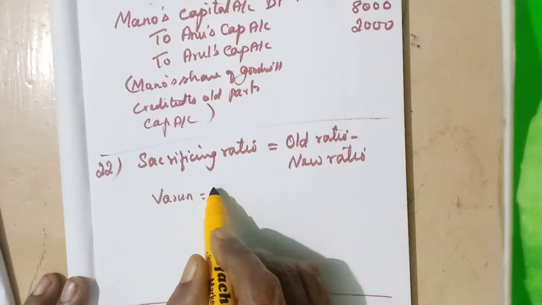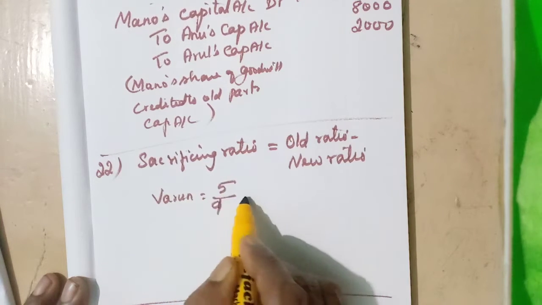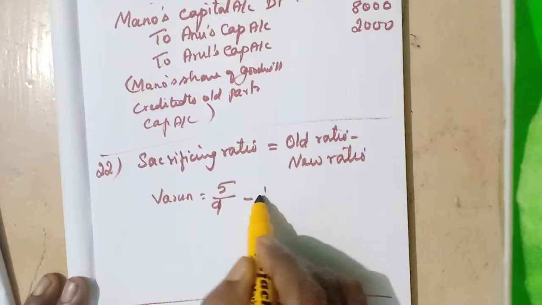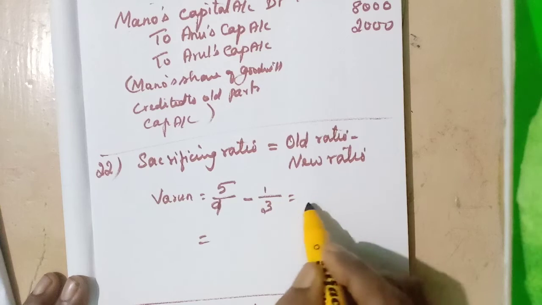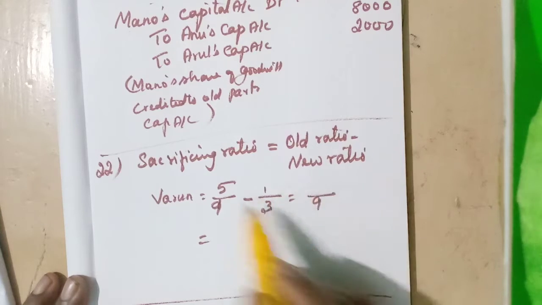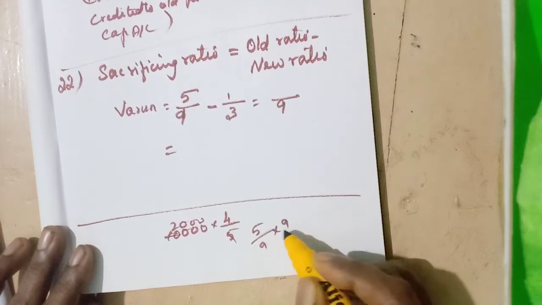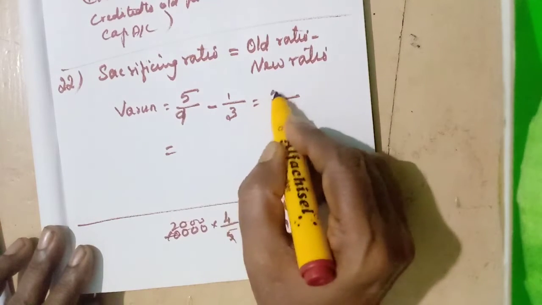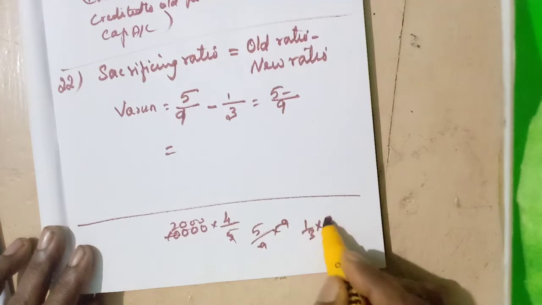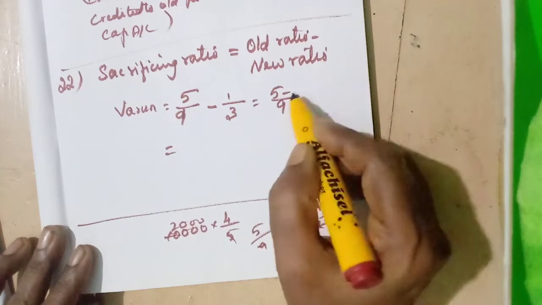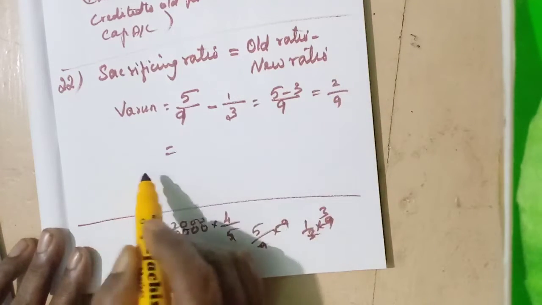Old ratio how much? 5/9 minus new ratio 1/3. LCM 9. 5/9 into 9 gives 5, minus 1/3 into 9 gives 3. So 2/9. Then the next partner, Bharat.